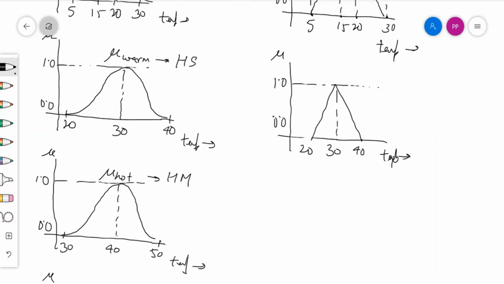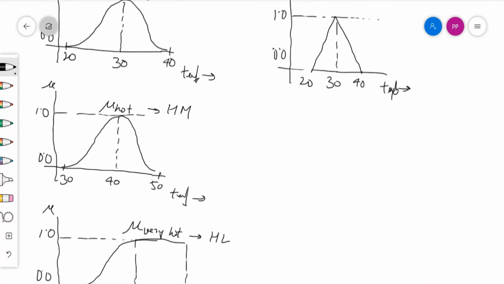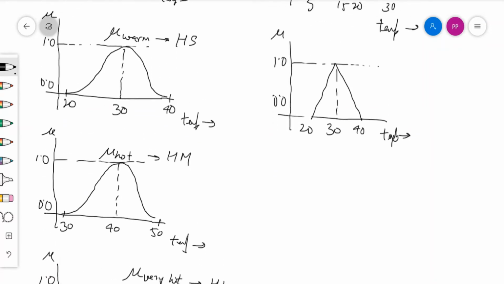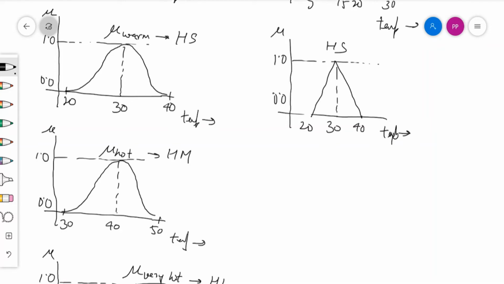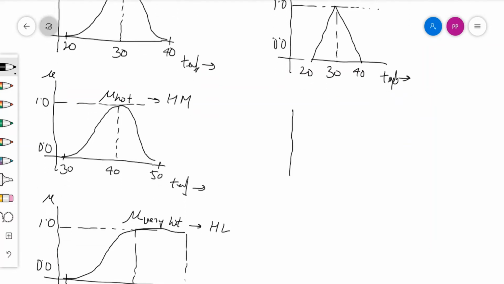So the next plot, again we can find that this is small, and next curve will be again a triangle. So let us see how we can plot it. This is 1.0 mu.